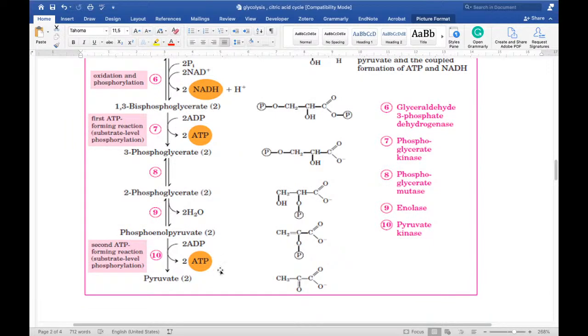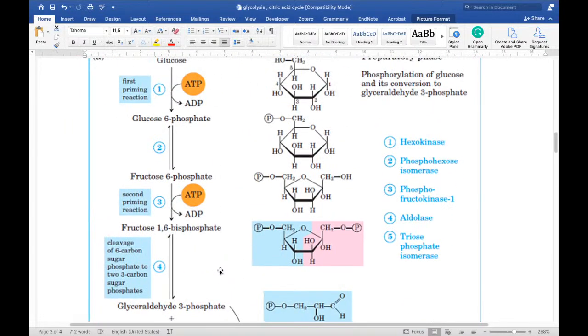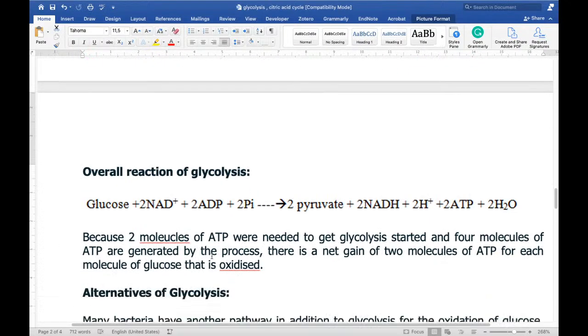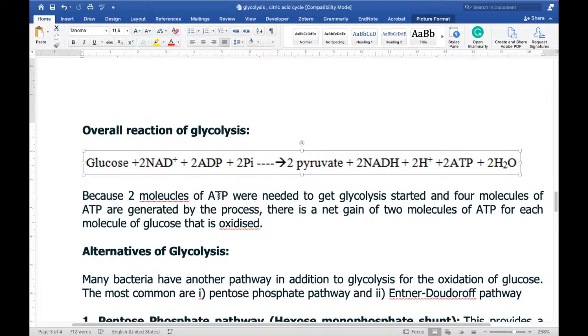So 2 ATP on the left hand side, and then 4 ATP on the right hand side. If we subtract them, we will have something like 2 ATP were needed for glycolysis to start, and 4 molecules of ATP are generated by the process. So there is a net gain of 2 molecules of ATP for each molecule of glucose that is oxidized.